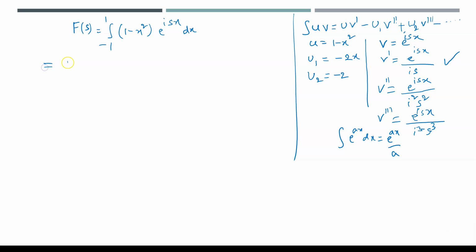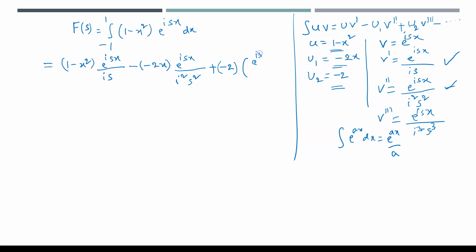Now according to this uv rule, first u, that means 1 minus x square, into v dash, that means e power isx upon is, minus u1, that means minus 2x, into v double dash, that means e power isx upon i square s square, plus u2, that means minus 2, into v triple dash, that is e power isx upon i cube s cube.